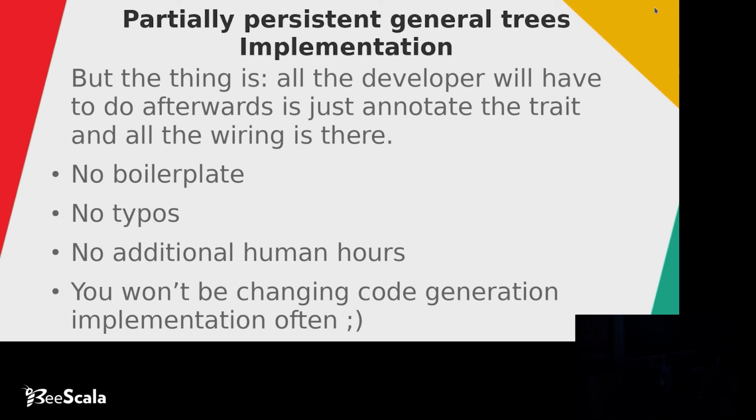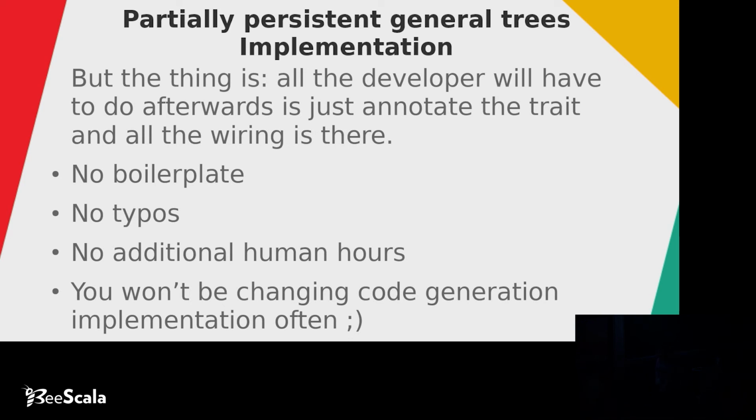So what we are actually achieving with macro annotations and macros is that we don't have boilerplate. We minimize the number of typos, because all we have initially is a trait with the fields declared. That's it. It's hard to make a typo there, honestly.